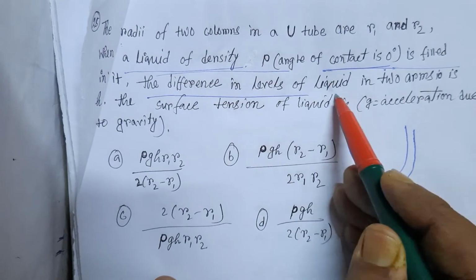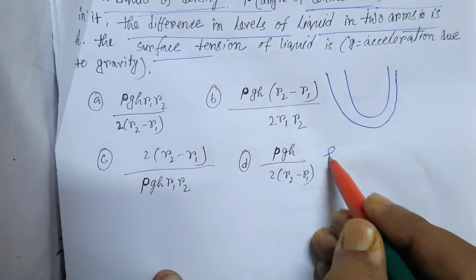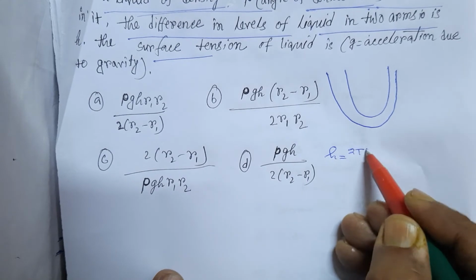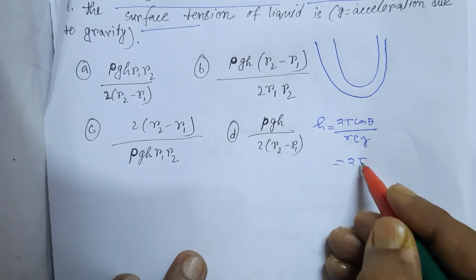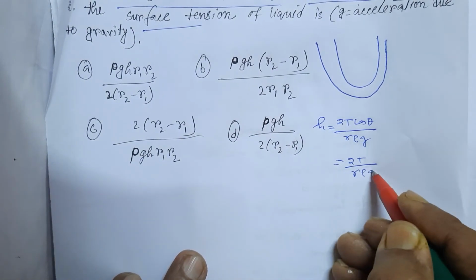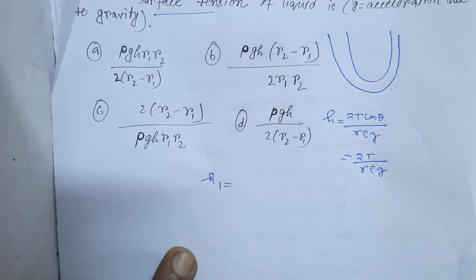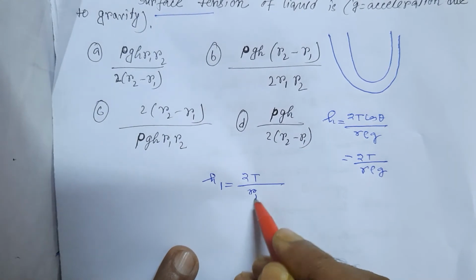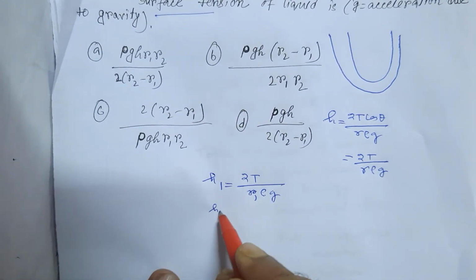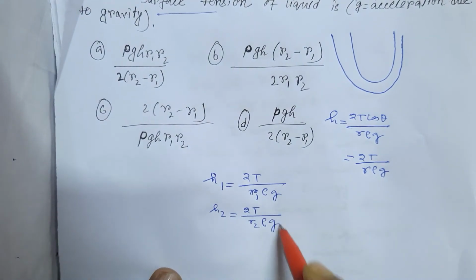We know that the height of the capillary H equals twice T cos theta by R rho G. Now theta is 0 degree, cos 0 is 1, that is twice T by R rho G. So for the first case, H1 equals twice T by R1 rho G, and for the second limb, H2 equals twice T by R2 rho G.